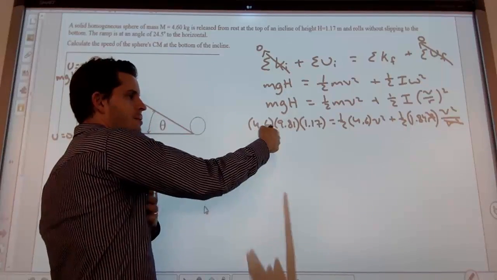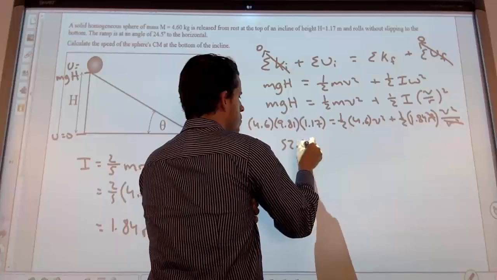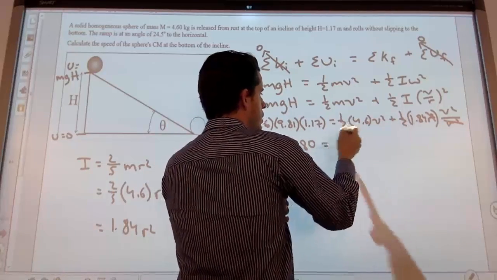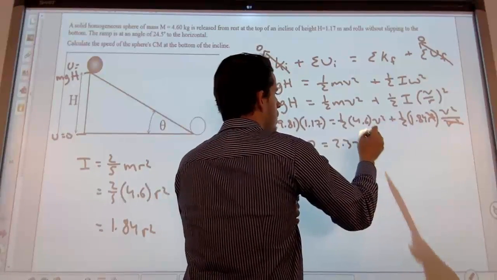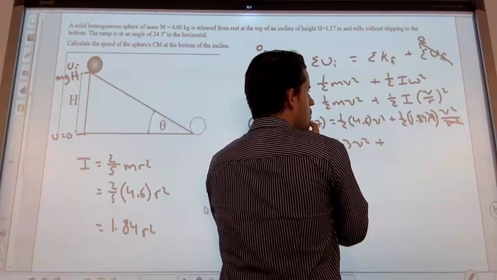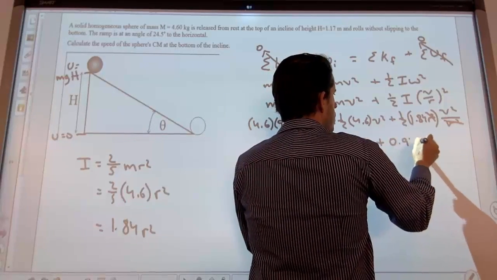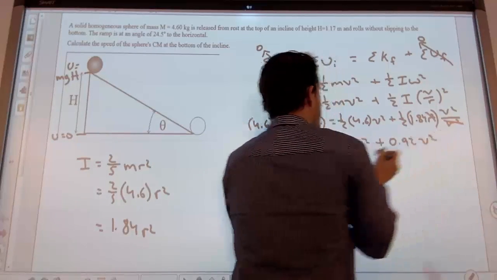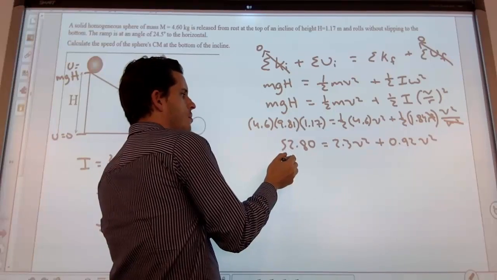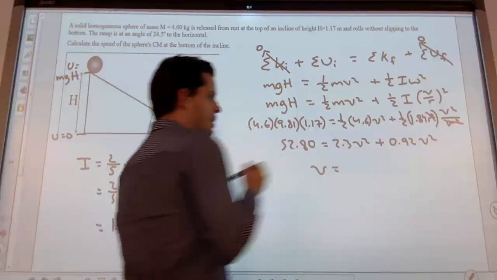Did someone solve for the left side before by any chance? 52.80. Thank you. 52.80 equals 2.3 v squared plus 0.92 v squared. And then we just combine these and divide through. You can just give me the final answer if you've got it.